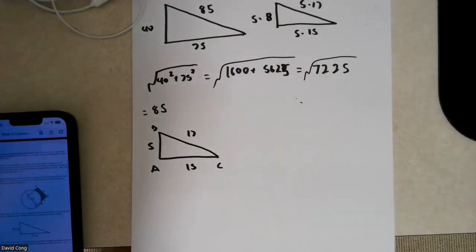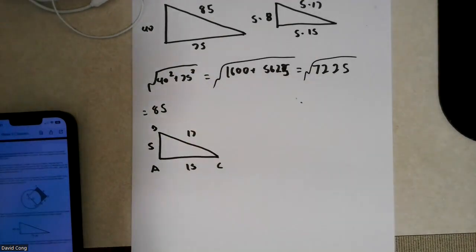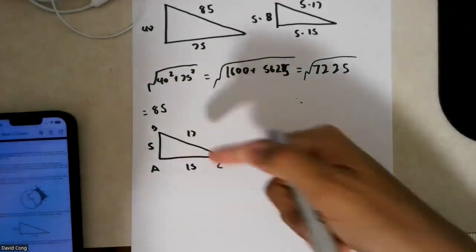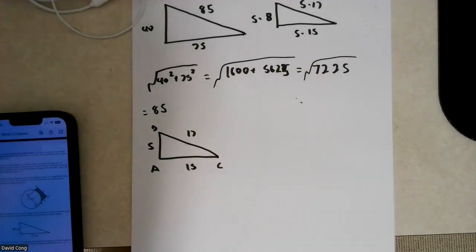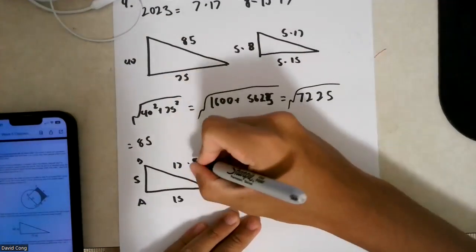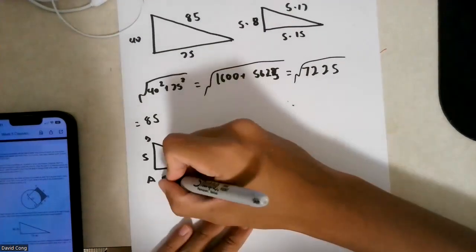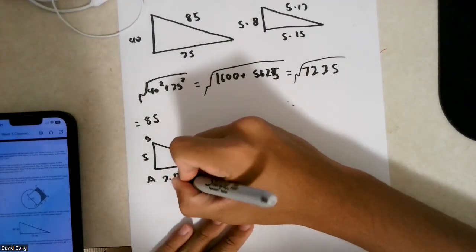Great. Now, any of these sides could be 2023, but they all have to have integer lengths. So in reality, only BC can have length of 17, which means, what does this mean? We have to multiply this by 7 times 17. And we have exactly what we want. Okay. What does this also mean? We have to multiply every side by 7 times 17.